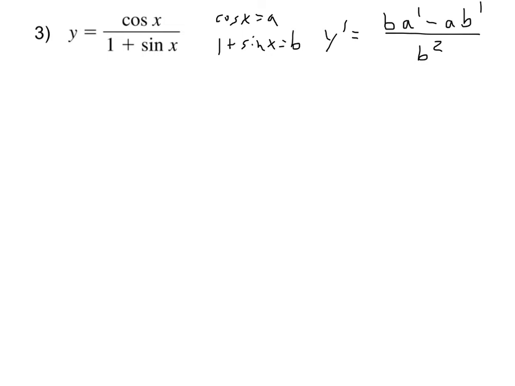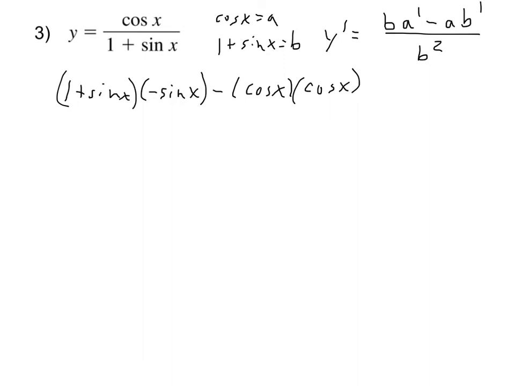B is low, 1 plus sine of x, low d high, the derivative of cosine is negative sine, minus high, cosine of x, d low, the derivative of 1 is nothing, it goes away, plus the derivative of sine is cosine, all over low low, 1 plus sine of x squared.